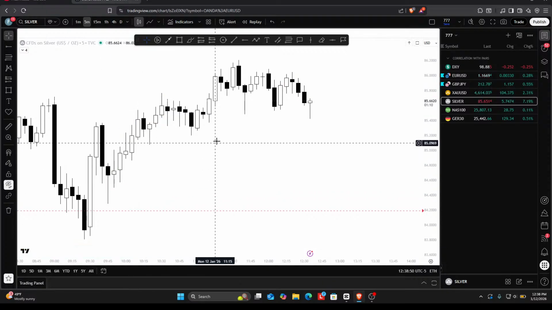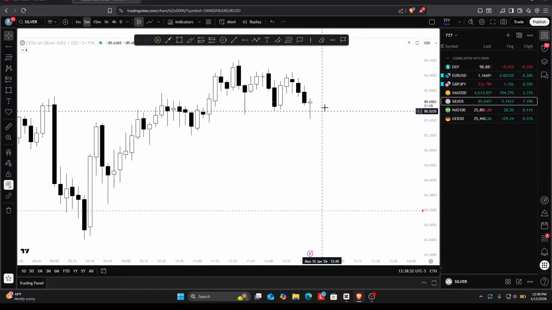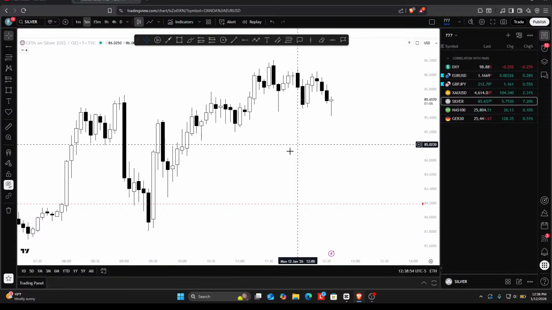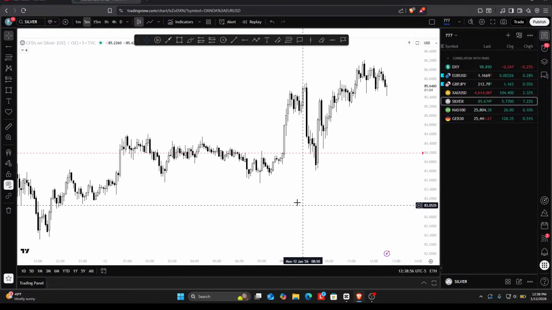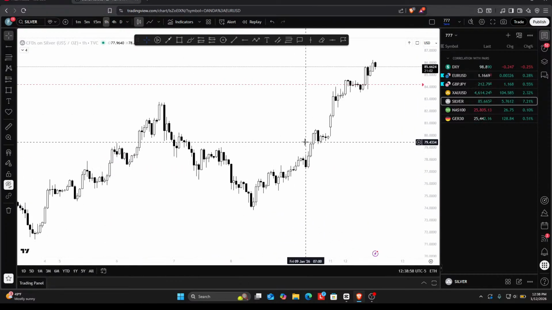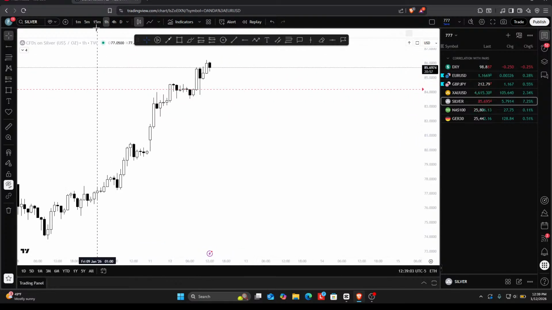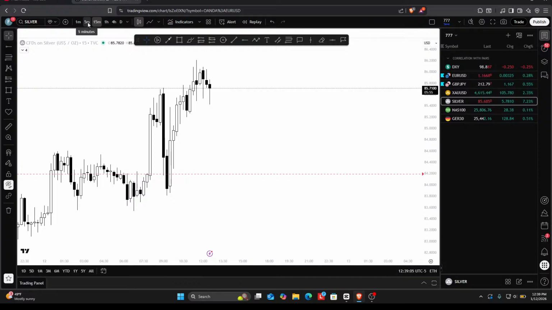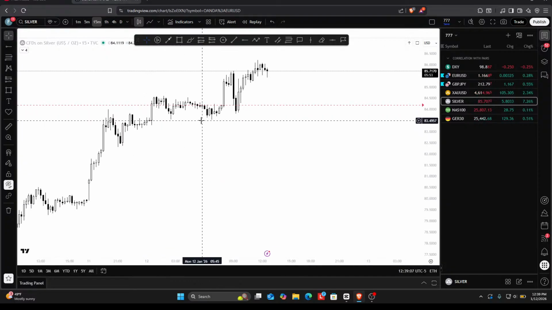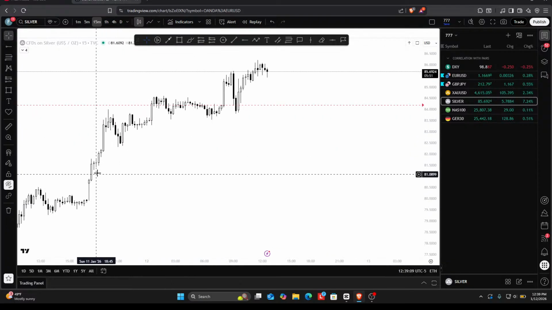Let's take a look at ICE. I don't really see any targets here, and I don't plan on it. It is above a high. Most of the targets are down here.